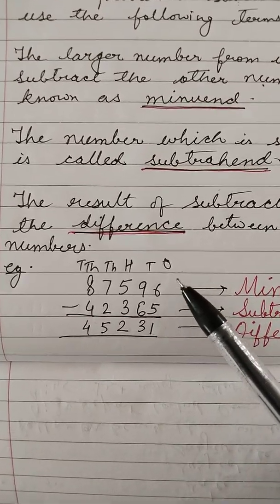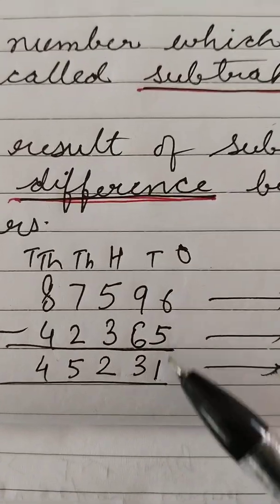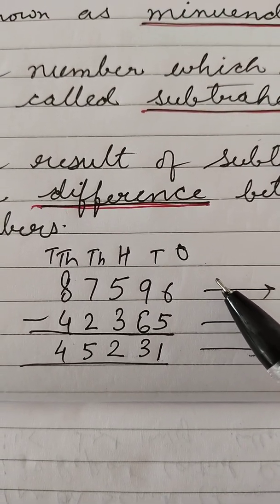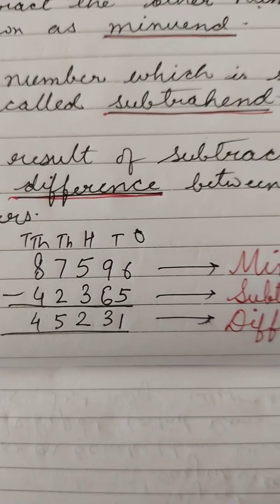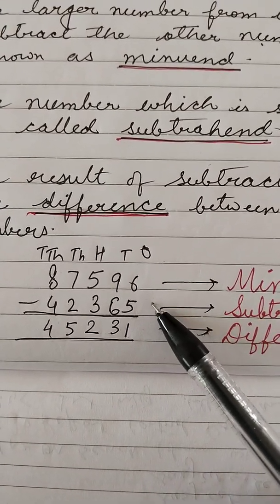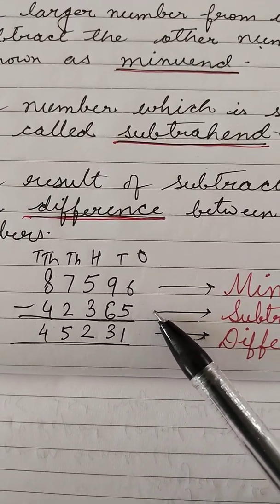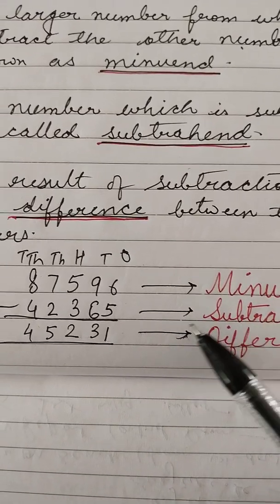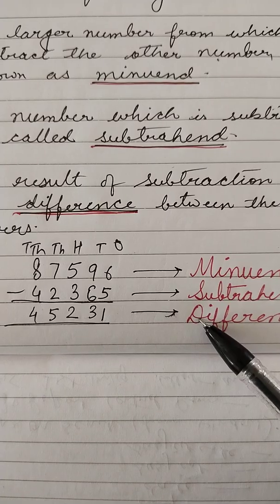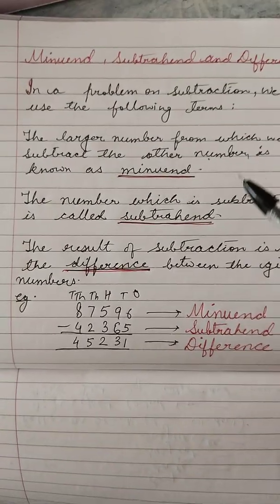Here in this example, when we are subtracting these two numbers, the number from which we are subtracting is called the minuend. The number which is subtracted is called the subtrahend, and the result is called the difference. I hope the terms are clear.